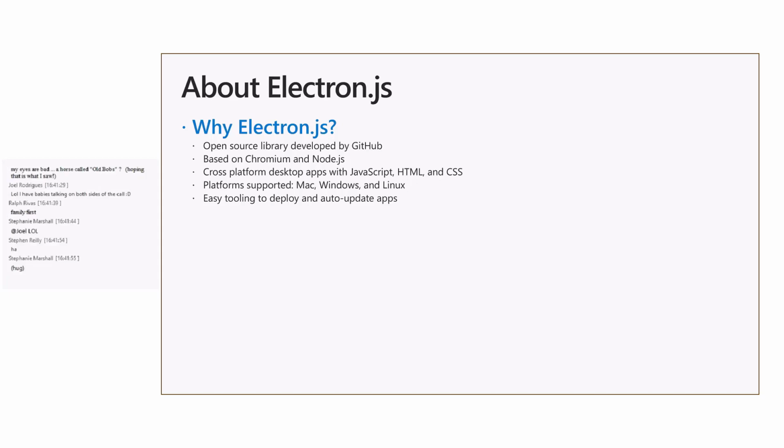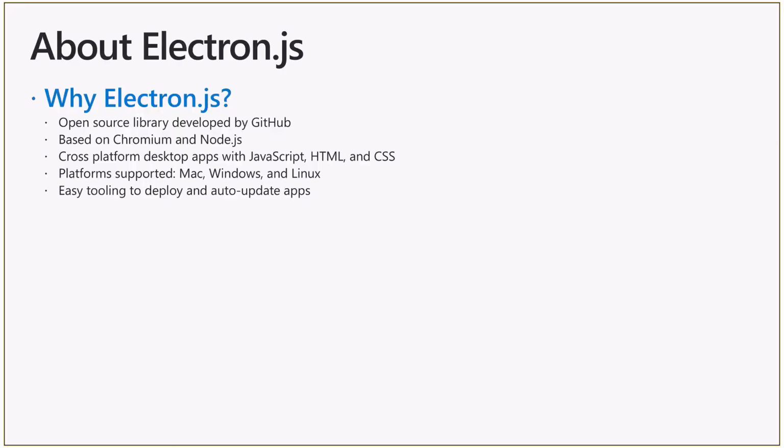So it is really powerful and useful whenever you need to create cross-platform desktop solutions, and whenever you want to reuse your knowledge, as long as you know how to create an HTML and JavaScript application. Moreover, it's pretty easy to use Electron.js to release applications that can be easily deployed on the target environment of the end users, as well as easily updated whenever you have an updated version of your desktop app that you want to release.